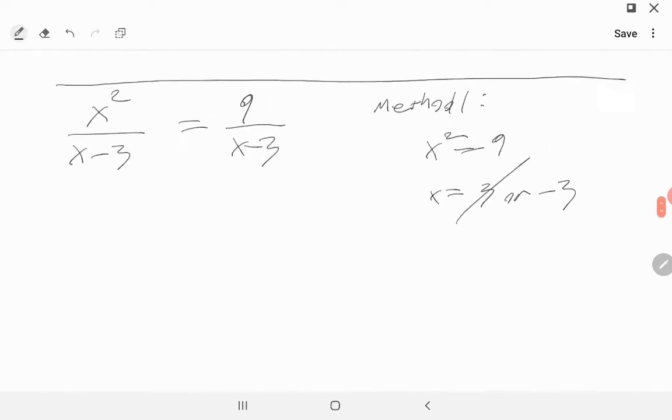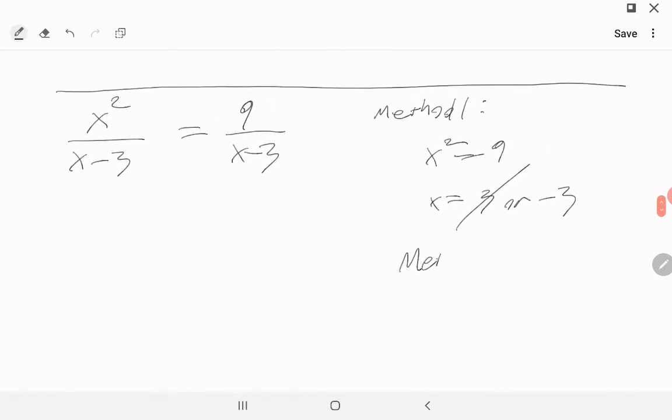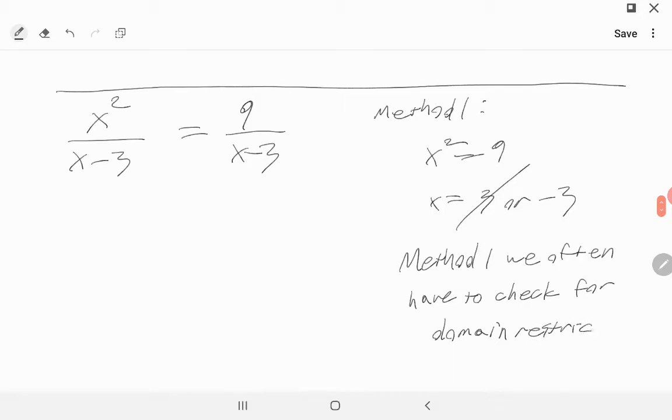And so with method 1, we often have to check for domain restrictions. So in this case, the 3 has to get kicked out, and we only have one solution, x is negative 3. And we can check it. 9 divided by negative 6 is equal to 9 divided by negative 6.